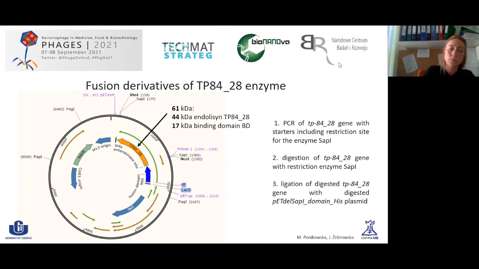We conducted the PCR reaction of the endolysin gene with primers including restriction sites for the enzymes, then digested the product with restriction enzyme and ligated it with the prepared vector. The expected molecular weight of the protein was 61 kilodaltons due to adding a binding domain with a molecular weight of 17 kilodaltons.